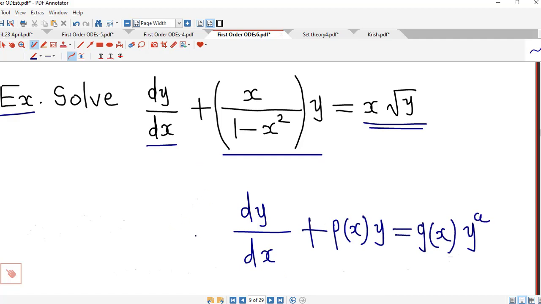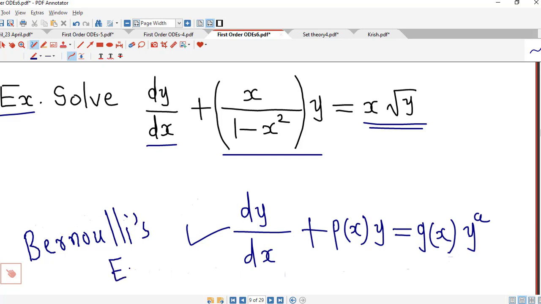If our differential equation is in this form, it is known as Bernoulli's differential equation. You can observe that the given differential equation is in this form with px equal to x over 1 minus x square, gx equal to x and a equal to 1 by 2.